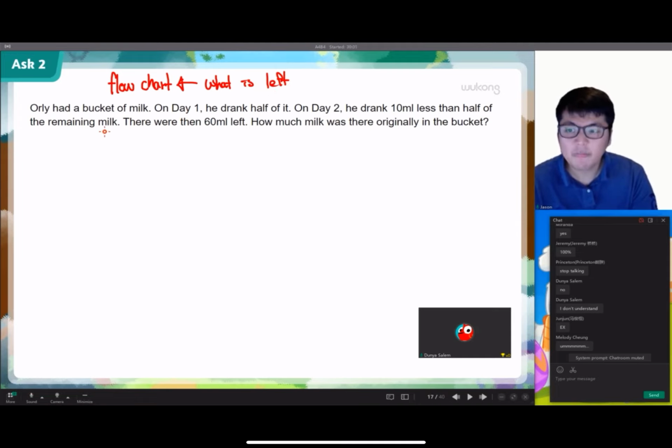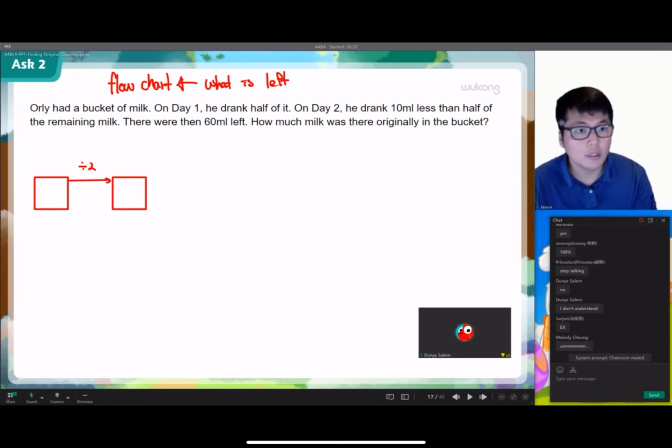Oli had a bucket of milk. On day 1, he drank half of it. So you draw the box. This is the original amount of milk. We don't know how much milk we have. But if you drink half, that means you divide it by 2. And then you have another box.